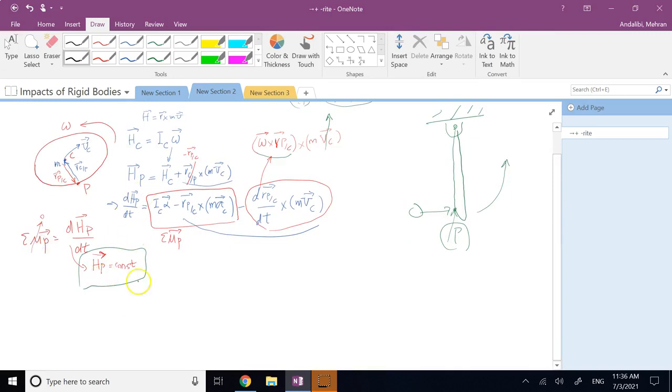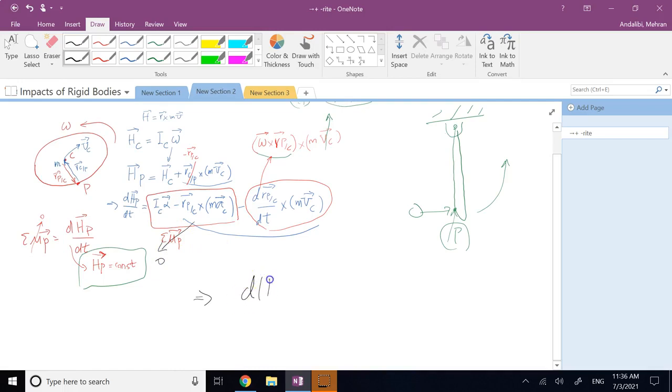as you can see here, if I simplify everything in this equation, then since for the case of impact every force is applied to point P, definitely this guy is 0.